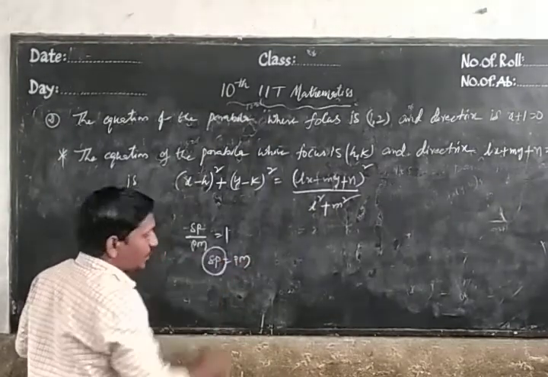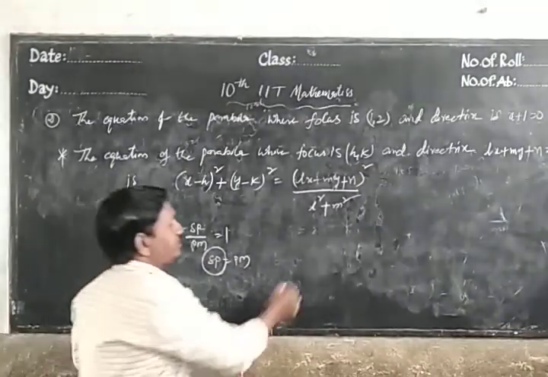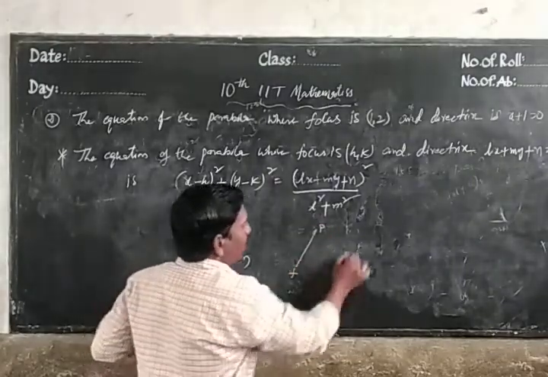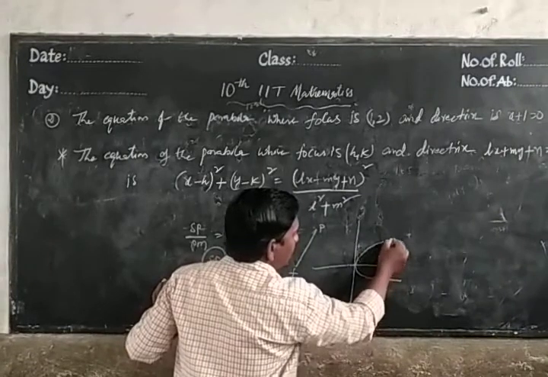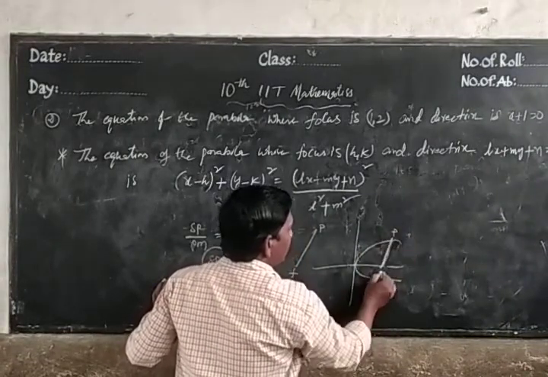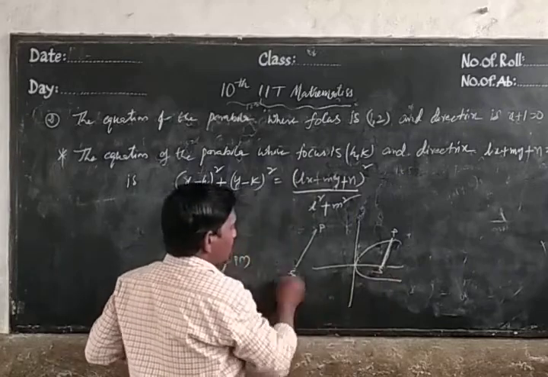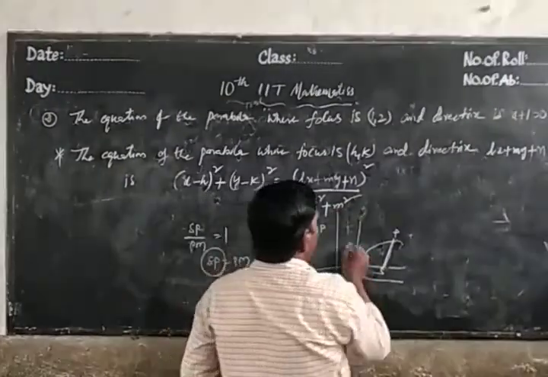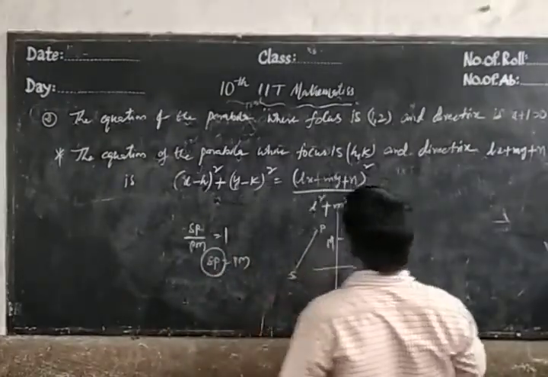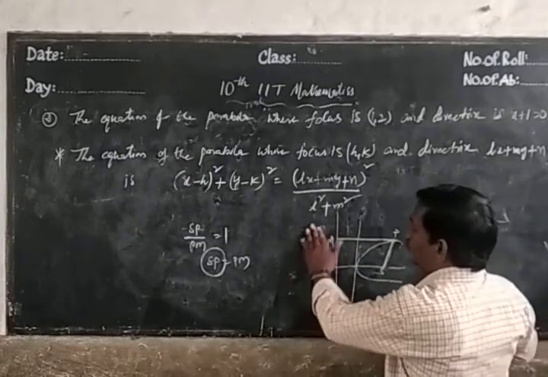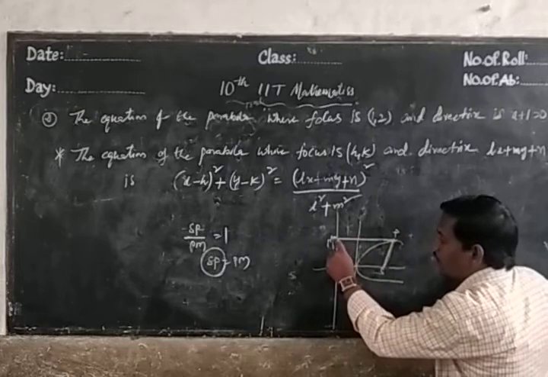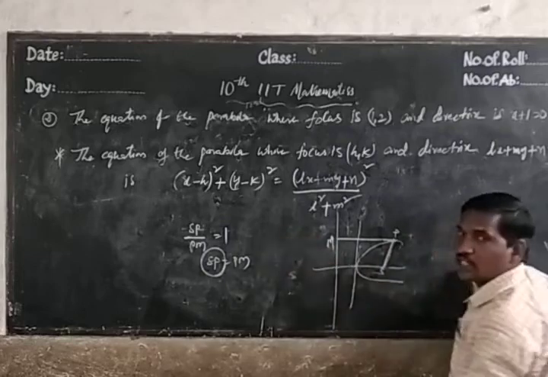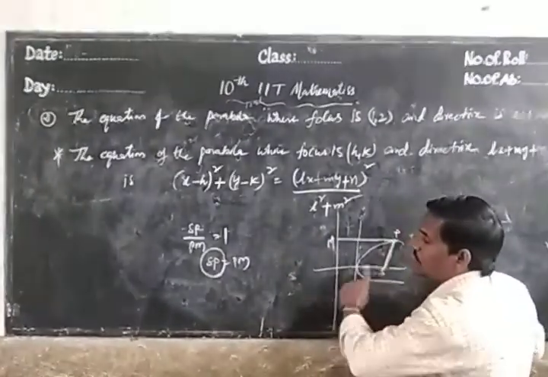SP means the distance between the focus S and a point P on the parabola. PM is the perpendicular distance to the directrix. We already proved that.